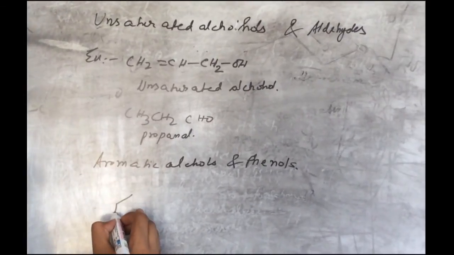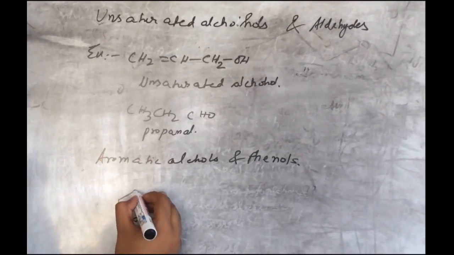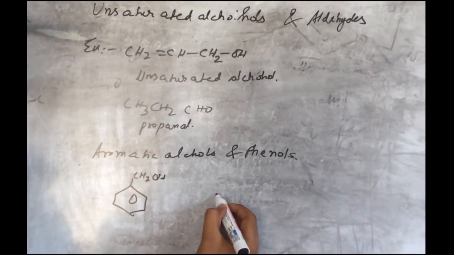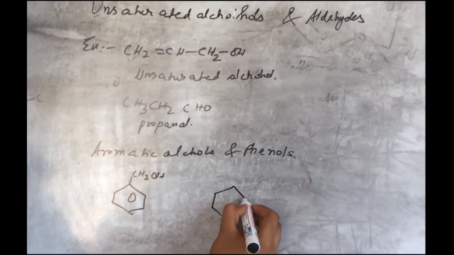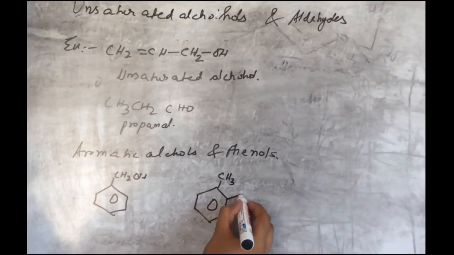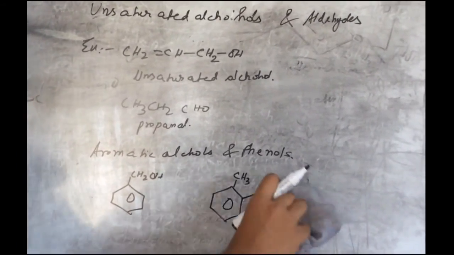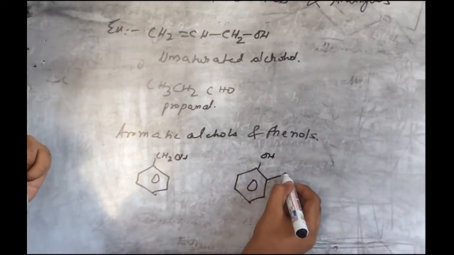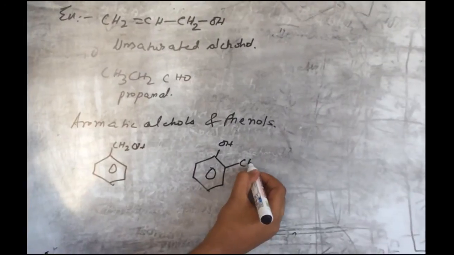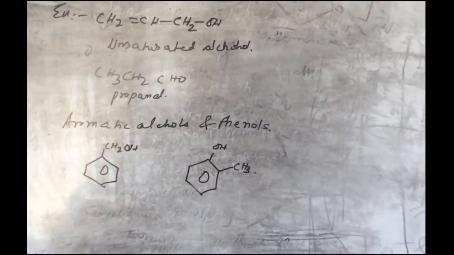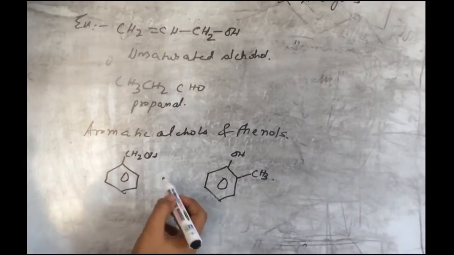So benzene ring CH2OH with benzene ring CH3, or you can say the thing will be the same still, OH CH3. So these two are functional isomers of each other.